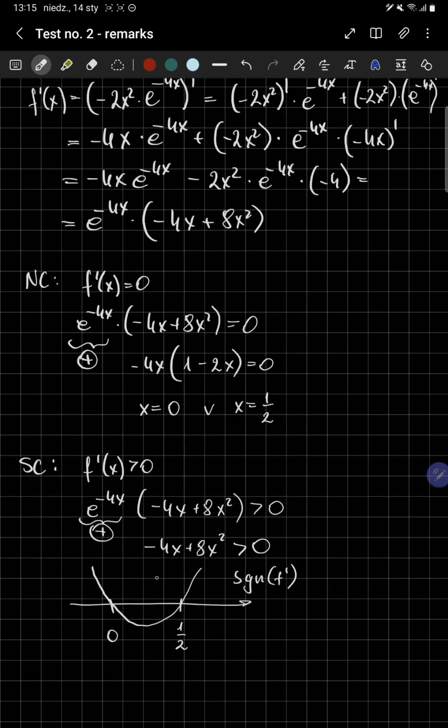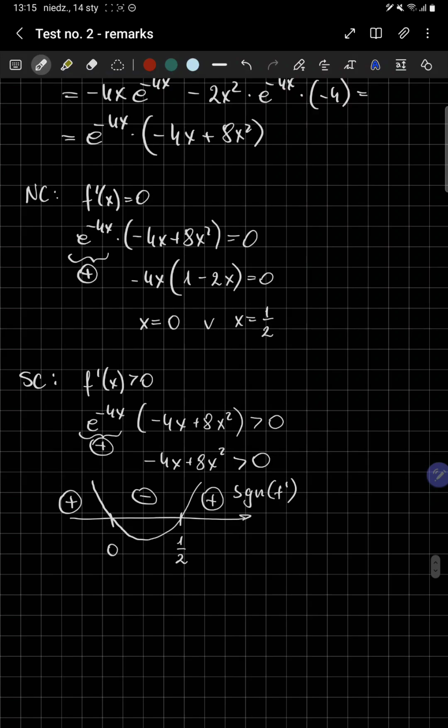So the approximate graph of the sign of the first derivative is like this. Between 0 and 1 over 2 we have negative value, on the left side of 0 positive value, and on the right side of 1 over 2 positive value. Okay, so now making the conclusions.